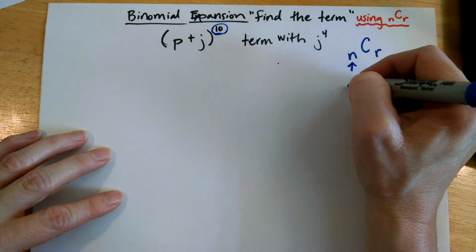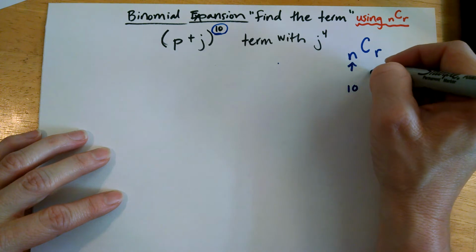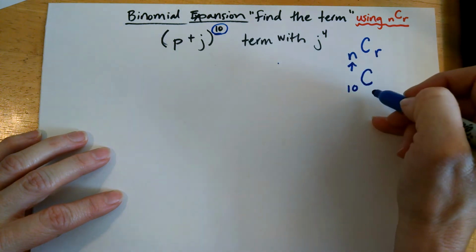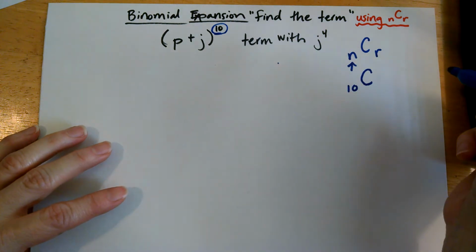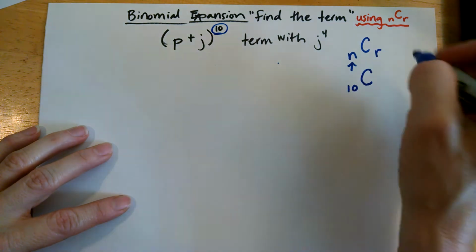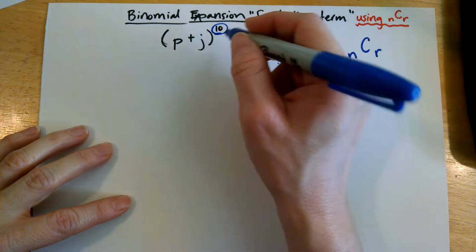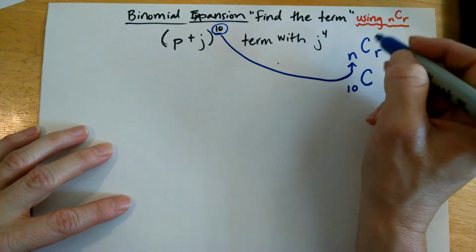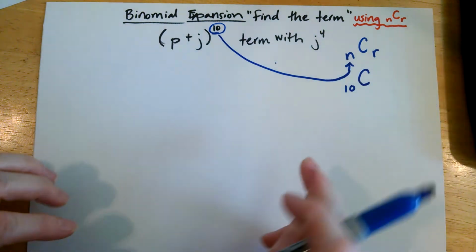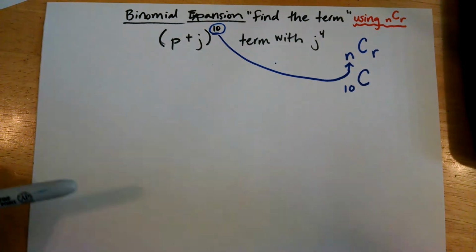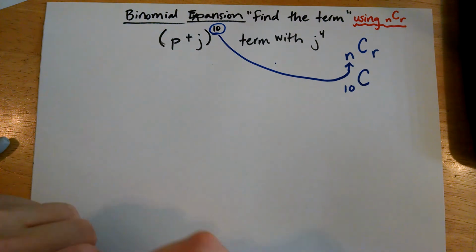So that one's going to be 10. And the C is the combination, which doesn't make a lot of sense right now, but when we get into probability, it will. And the R only relates to the second term.